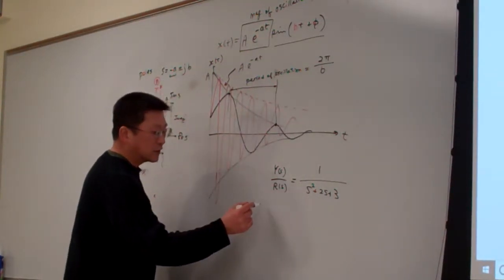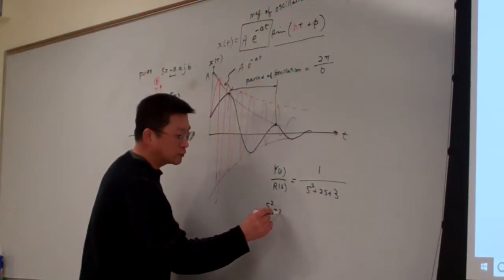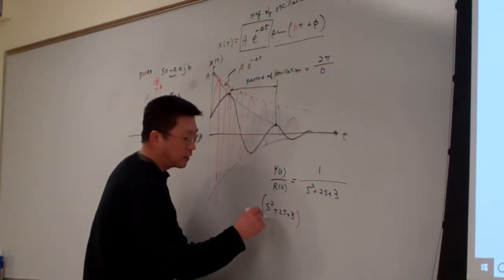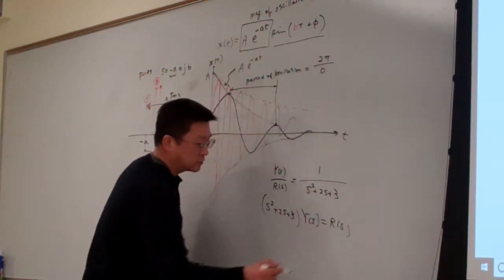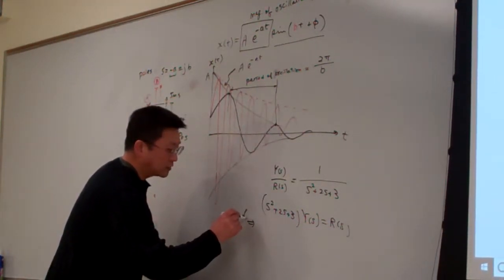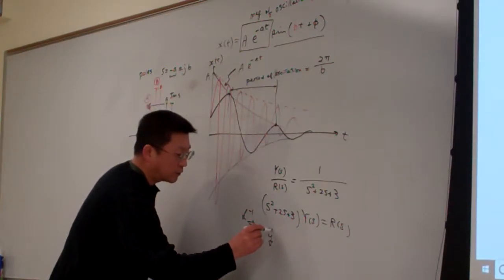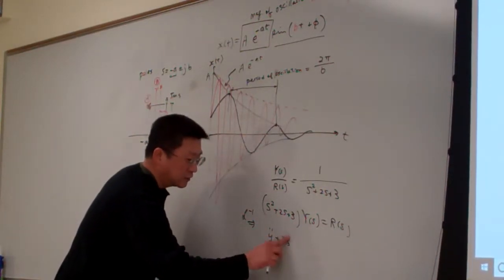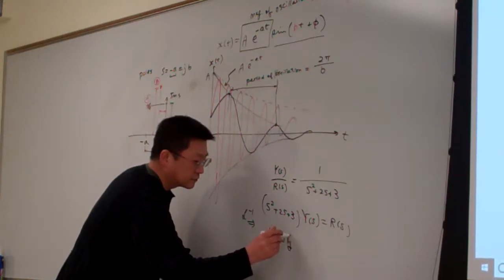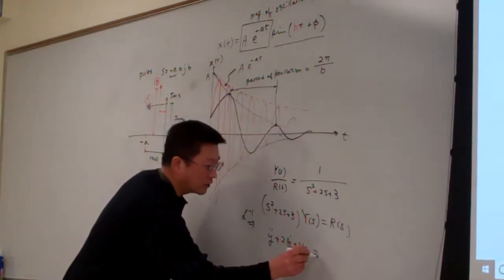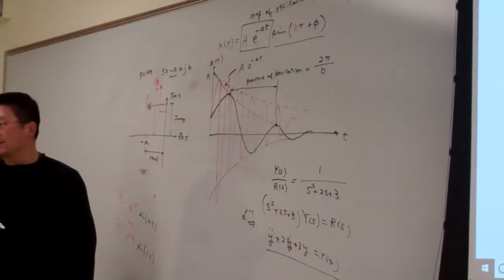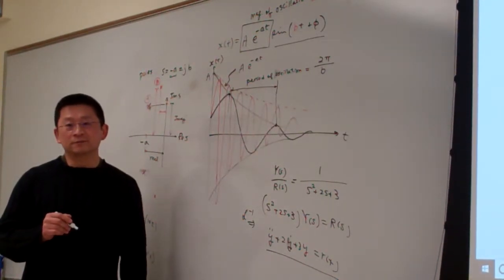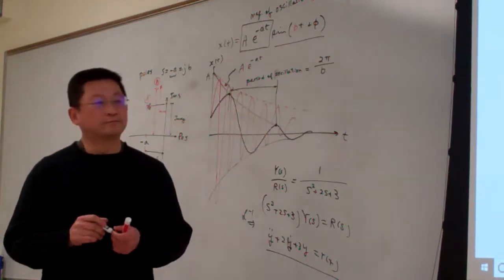In the same way, you can prove (s squared plus 2s plus 3) Y(s) equals R(s). Taking the inverse Laplace, that means y double dot plus 2y dot plus 3y equals r. So from here, it is very clear that this is a second order system.